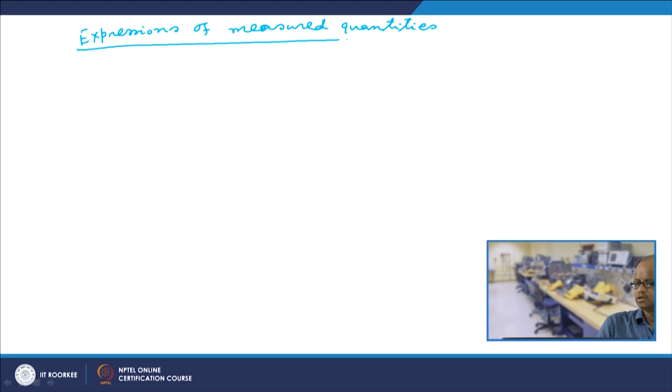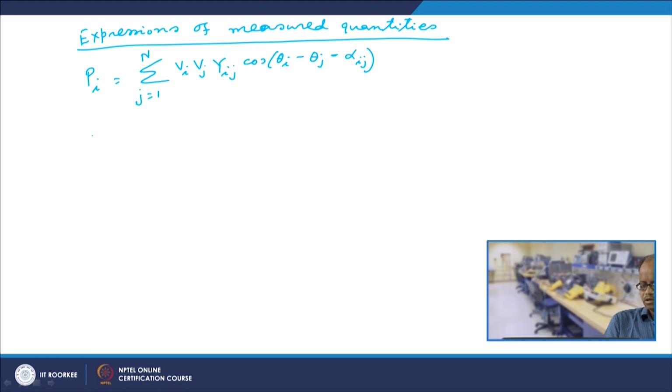Expressions of measured quantities. We first note that Pi is simply the sum over j is equal to 1 to capital N of Vi Vj Yij cos(theta i minus theta j minus alpha ij). Similarly Qi is the sum over j is equal to 1 to N of Vi Vj Yij sin(theta i minus theta j minus alpha ij).